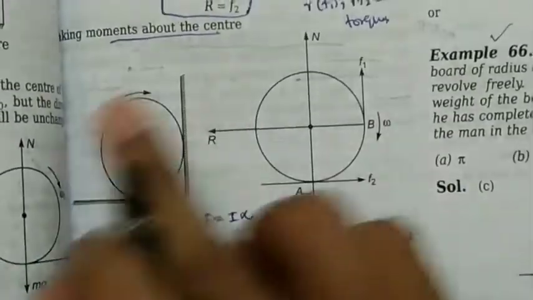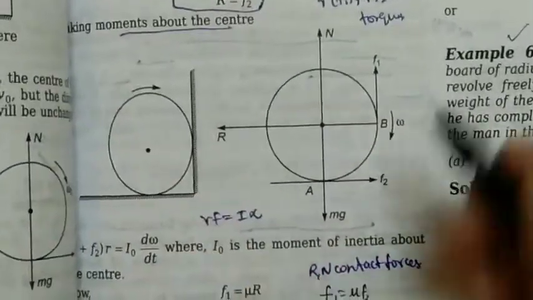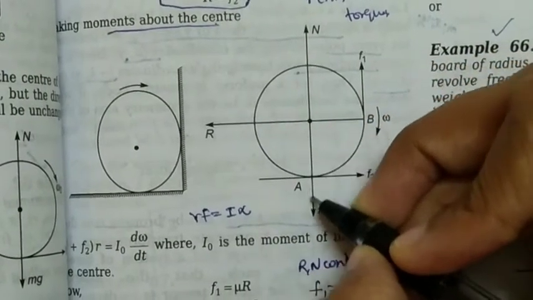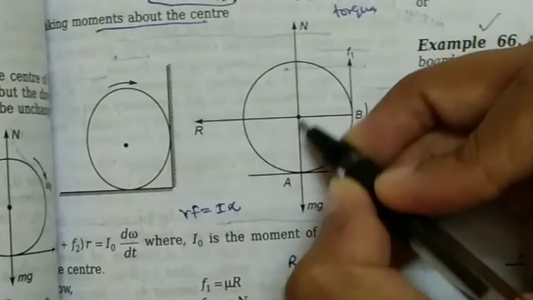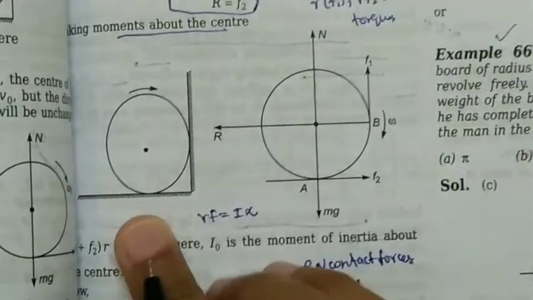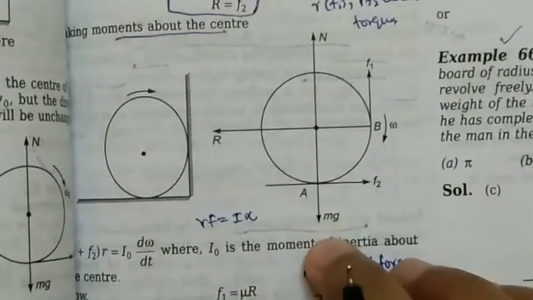According to the diagram, it is spinning in a clockwise direction. The weight of the cylinder would act from the center of mass vertically downwards, parallel to this wall, mg.